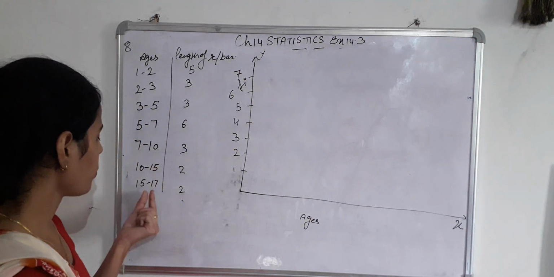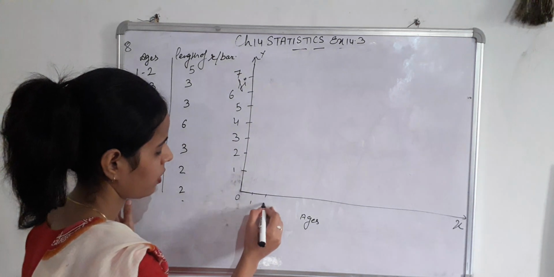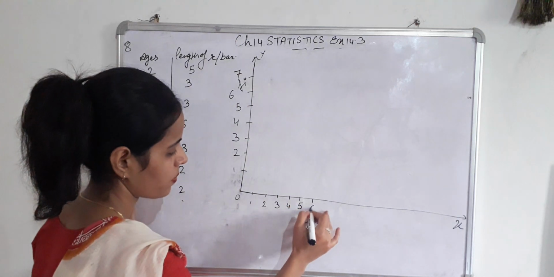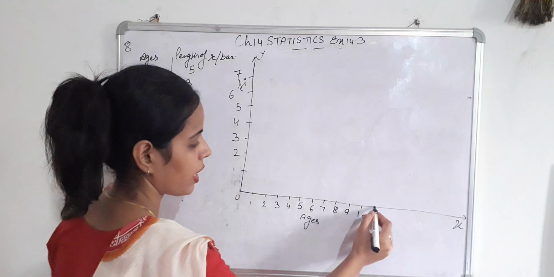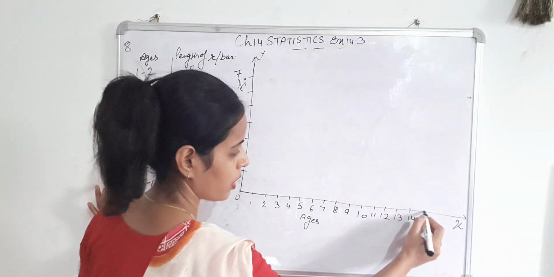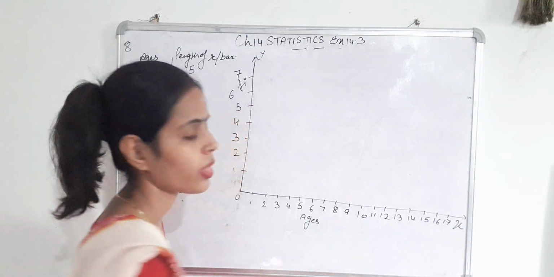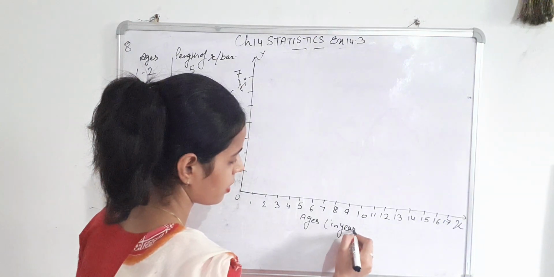Ages go on the x-axis, up to 17, marked 1 through 17. Ages in years.